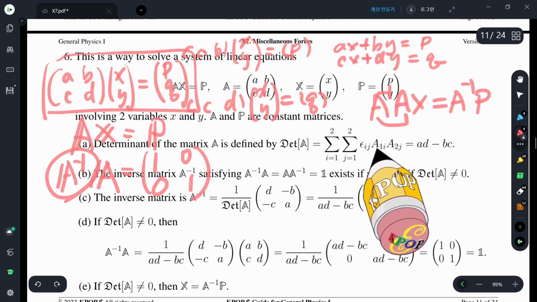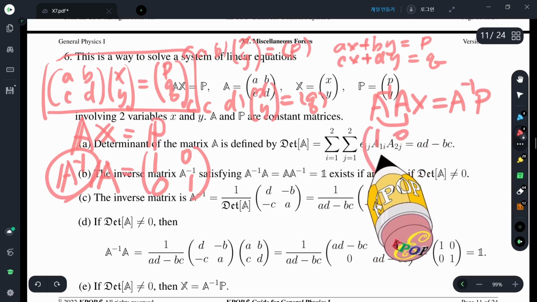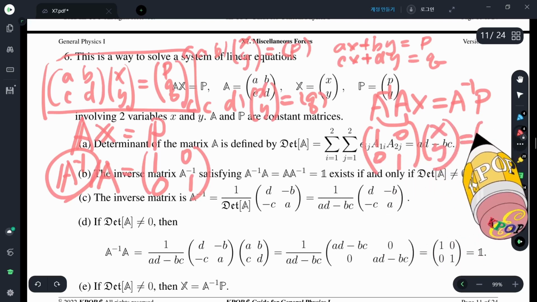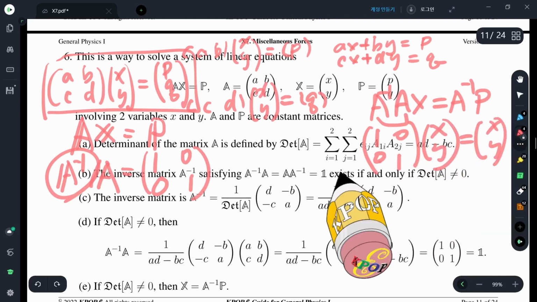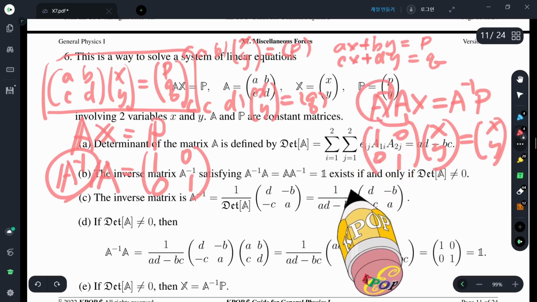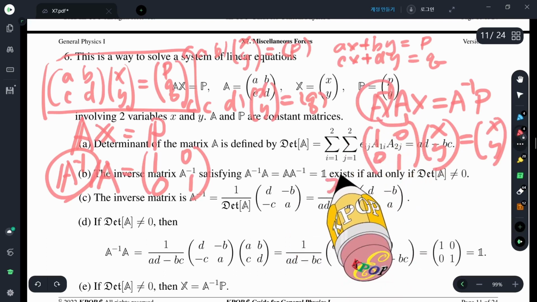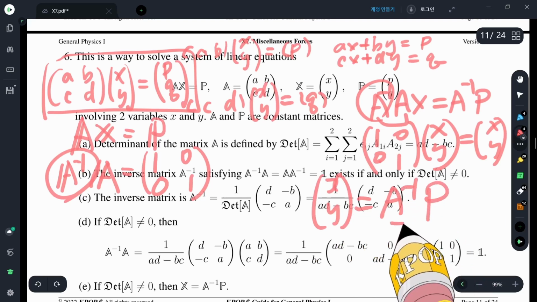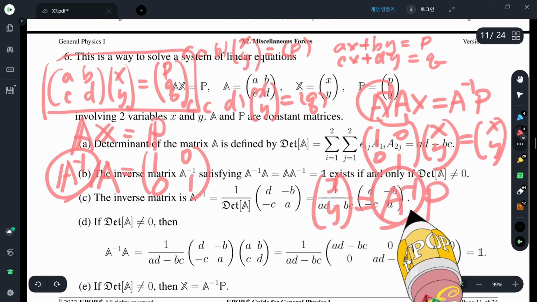Then because it's identity, for example, 1, 0, 0, 1, x, y, if I multiply this, nothing changes. So if I know this matrix, the solution x and y should be A inverse P. So what is A inverse? That's the question.